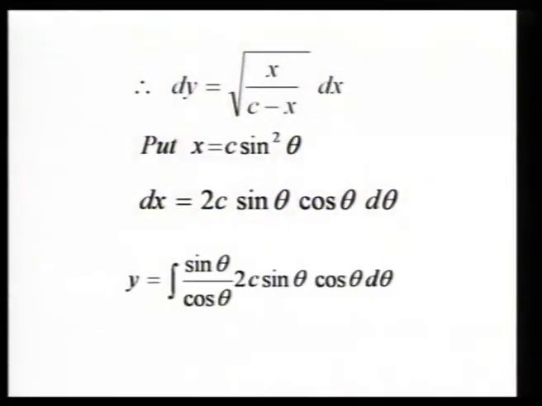Let's put it there, so that y is equal to the integral of sine theta over cos theta, and for dx we write 2c sine theta cos theta d theta. And this equals, because cos theta cancel out, twice sine square theta. We write it as 1 minus cos 2 theta.